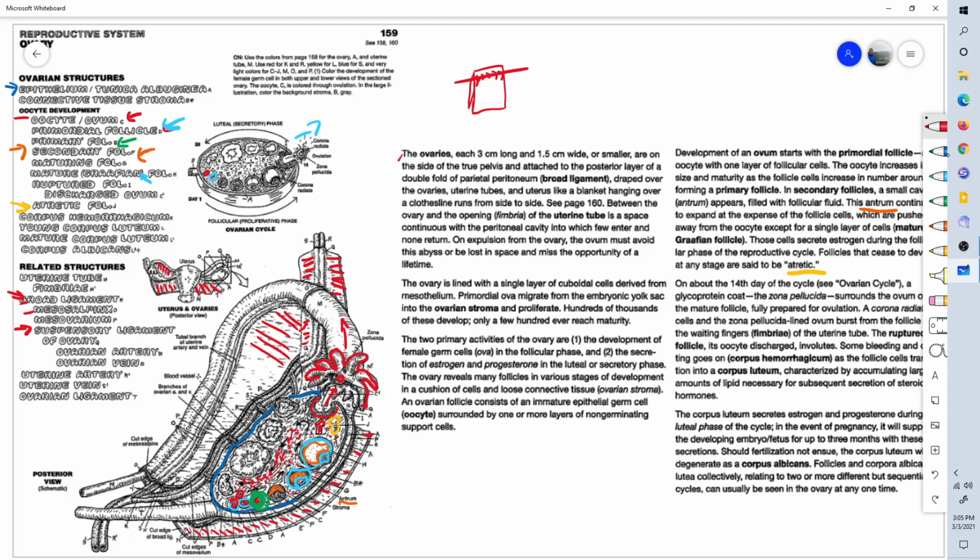When it is expelled, what's left behind is this body right here called the corpus hemorrhagicum. After the expulsion of the egg, this body is called hemorrhagicum because it causes a little bit of bleeding.